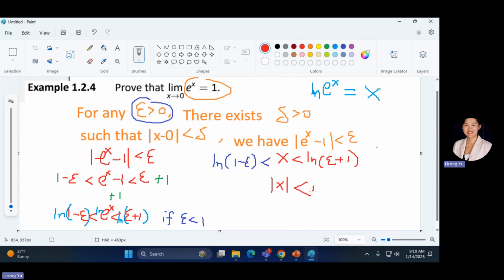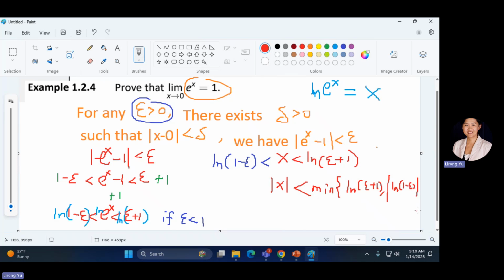So we would say the absolute value of x is smaller than the minimum of the natural log of epsilon plus 1, and the other one, which might be a negative number, so let's choose the absolute value of ln of 1 minus epsilon.